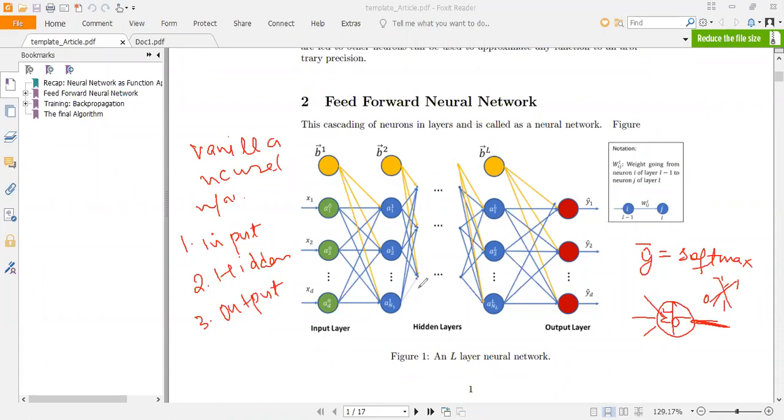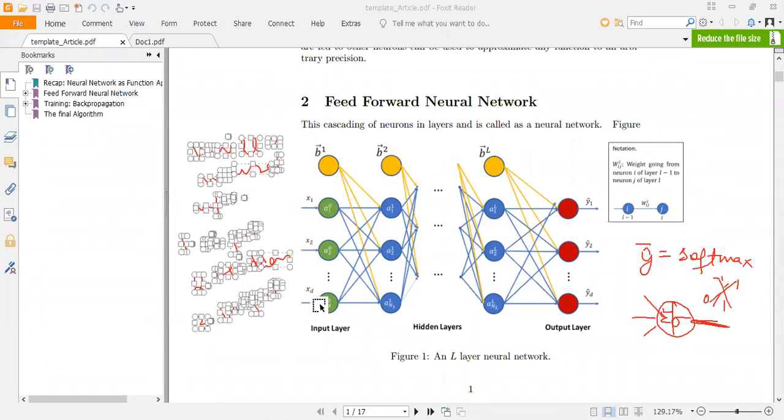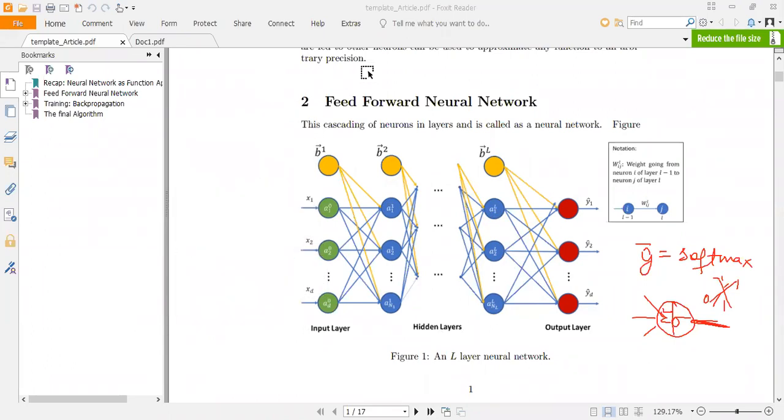And the thing we need to consider about this neural network is that, as I said last time as well, each layer has 5 things associated with it. So first is the input.